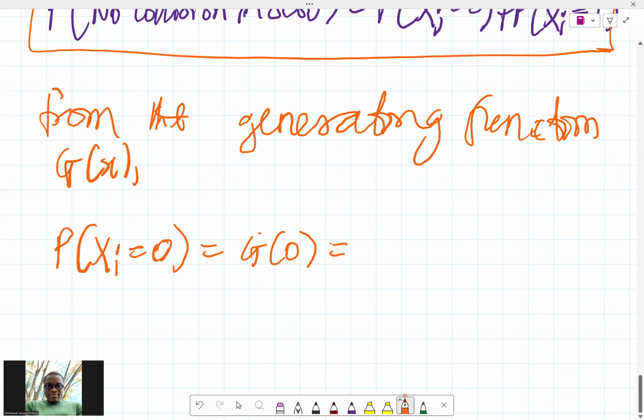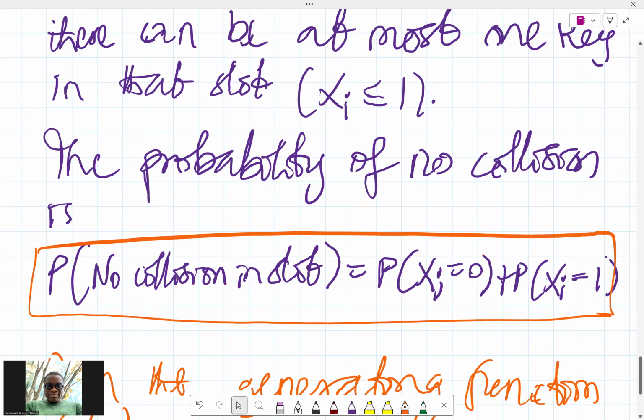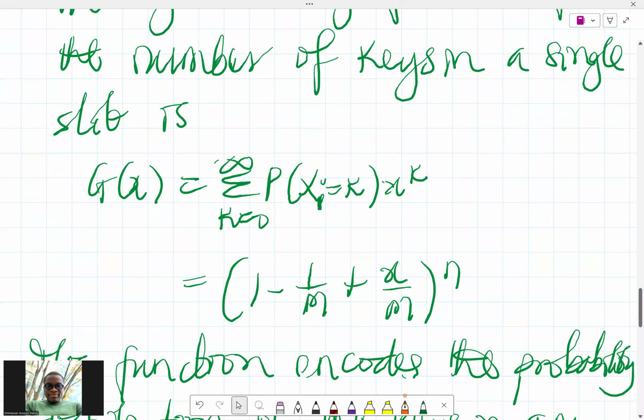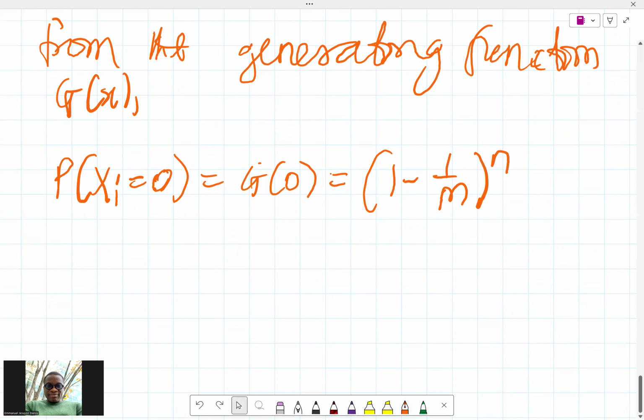So that means x is 0, and that is equal to (1 minus 1 over m) raised to the power n. So if you go back to the original expression, this x is 0. Once x goes to 0 here, that term is gone, and we have just (1 minus 1 over m) raised to the power n.